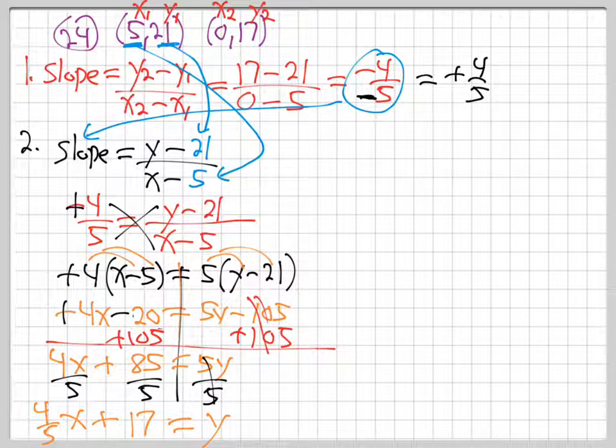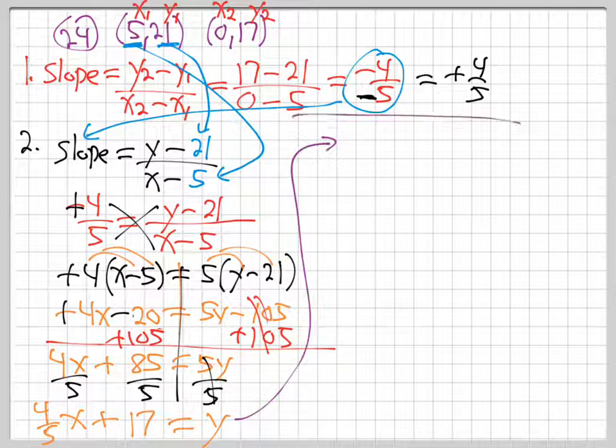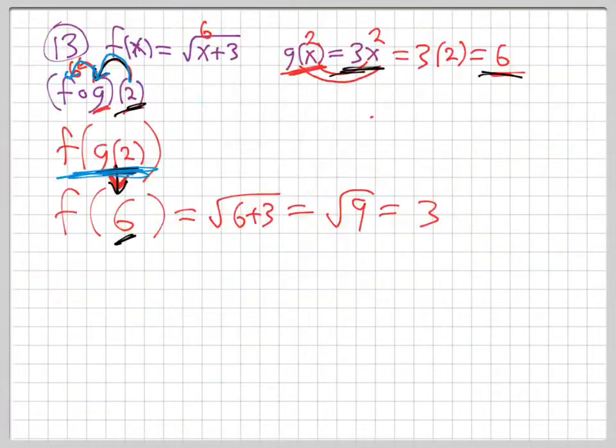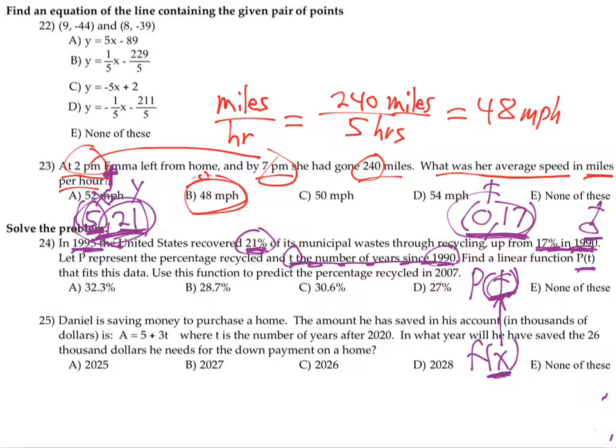Okay, so now we're not done. We're almost done. Bring it up here. It's a long problem. So now we have y equals 4/5 x plus 17. Now let's go back to the question with that equation. y equals 4/5 x plus 17. Okay, so let me put it right here.